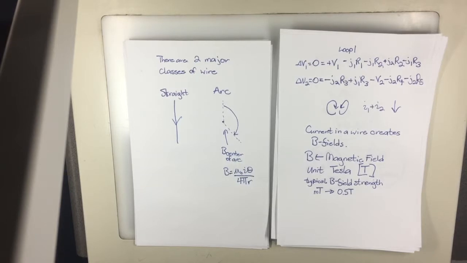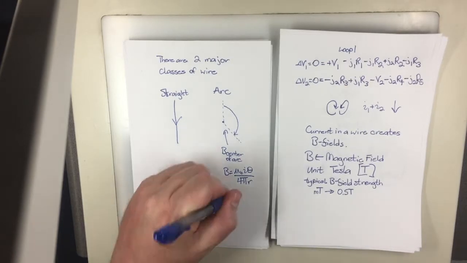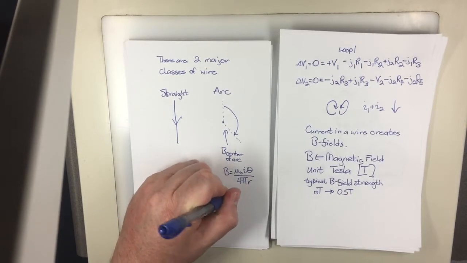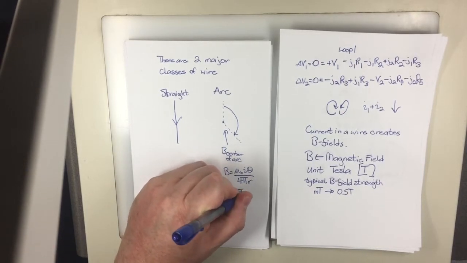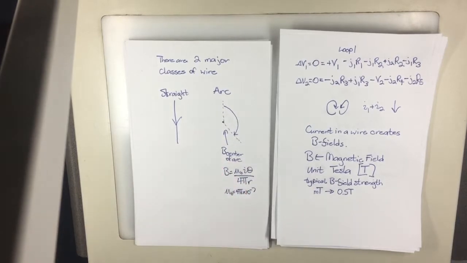Mu naught is a constant. Mu naught is something that I've never really bothered to memorize. I think it is 4 pi times 10 to the negative 7. Oh my goodness, I've actually memorized it. 4 pi times 10 to the negative 7 with a whole bunch of units behind it.